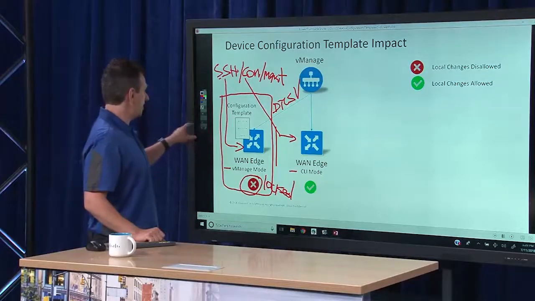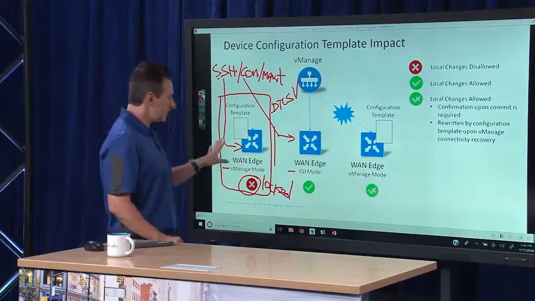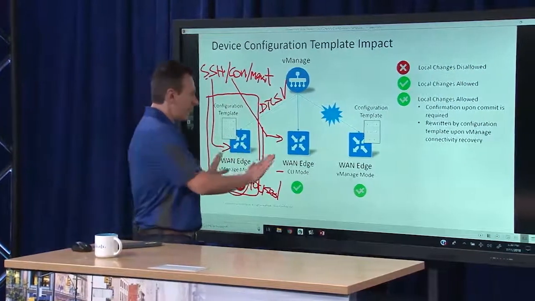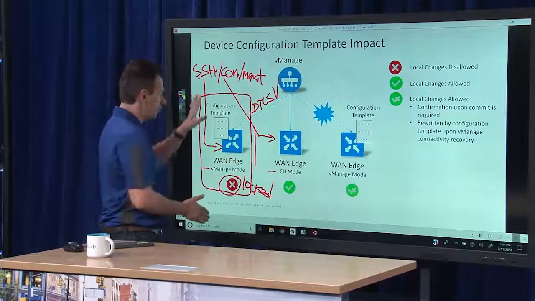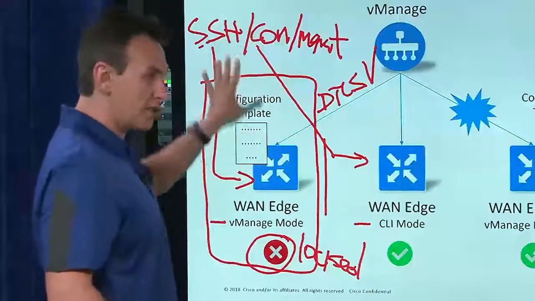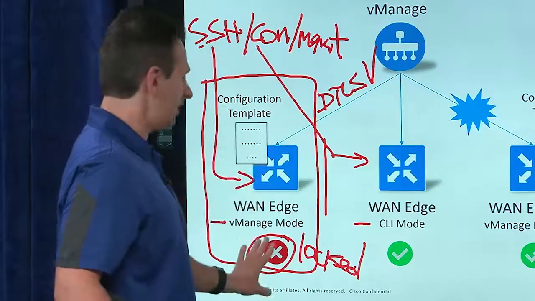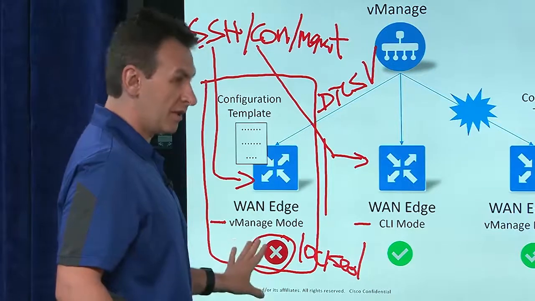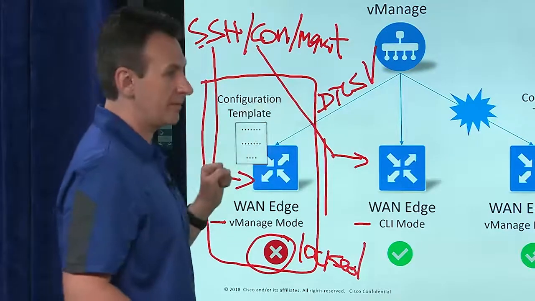The last one is this. It's an interesting event that happens, which is basically a variant of what happens in here. We talked about that under normal conditions, you have the configuration template attached, local configs are disallowed, and then this DTLS connection is up and running.